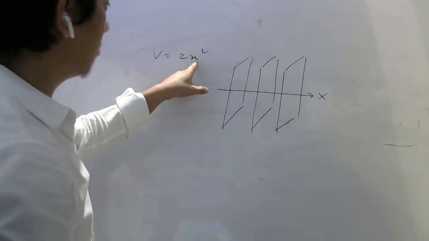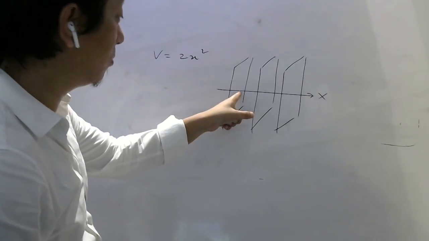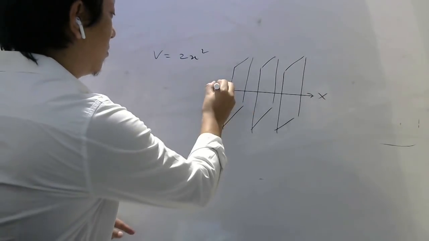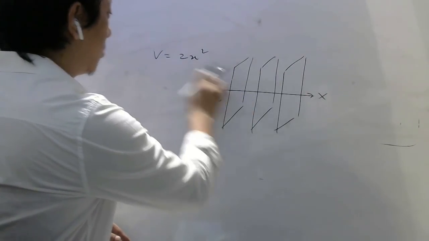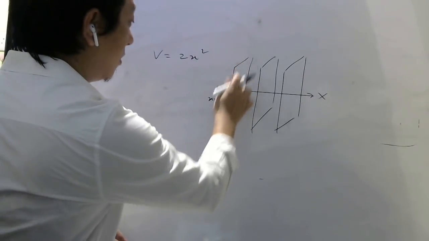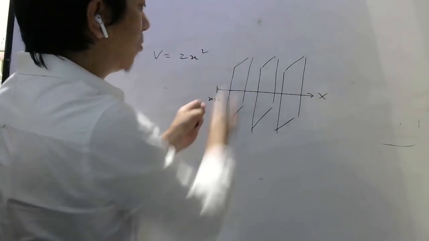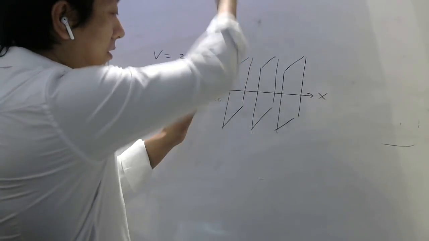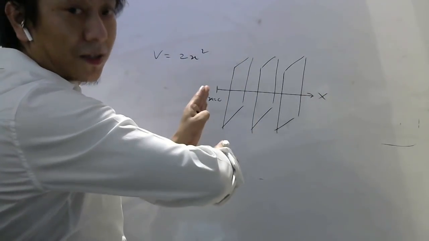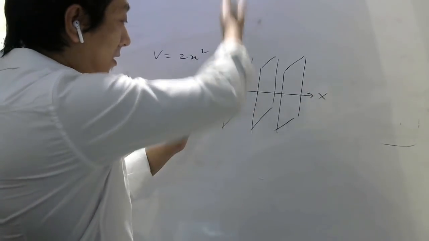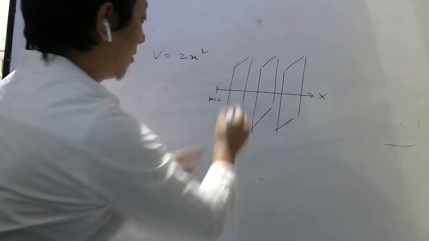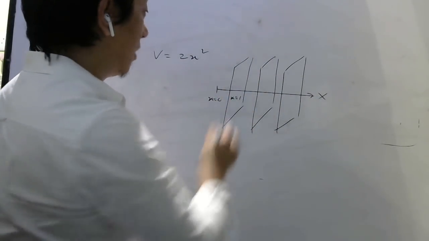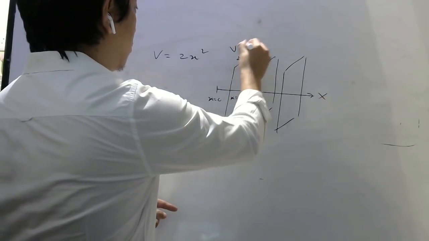At x equals 1, with x equals 0 here, let's say, potential will be 2. All the points which have x equal to 1 form a surface. So you draw a perpendicular to the x-axis at x equals 1, and everywhere your potential will be 2 volt.